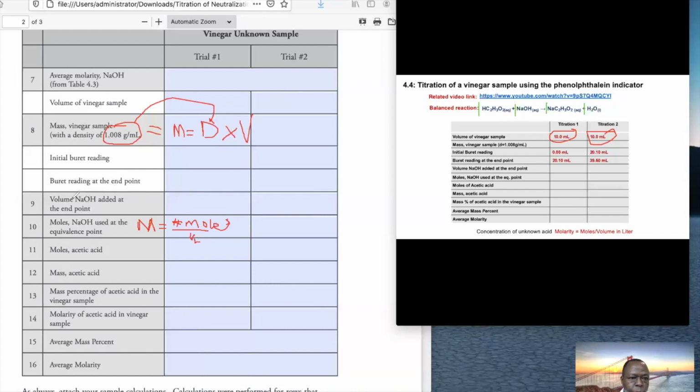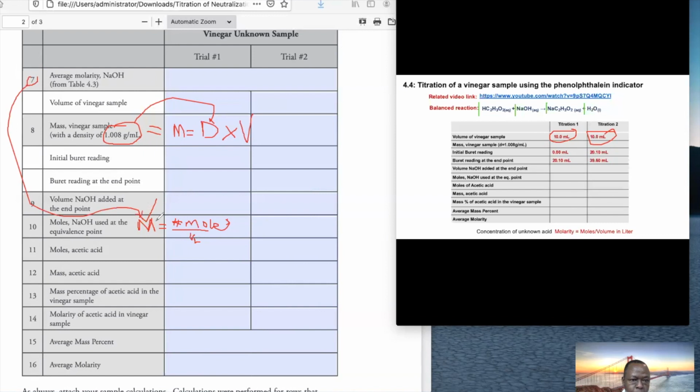I know the volume of NaOH here from line 9, changed to liters, because that's the volume used to titrate the vinegar solution. What was the volume of NaOH used? The number of moles, you know this from line 7. You see line 7 here?